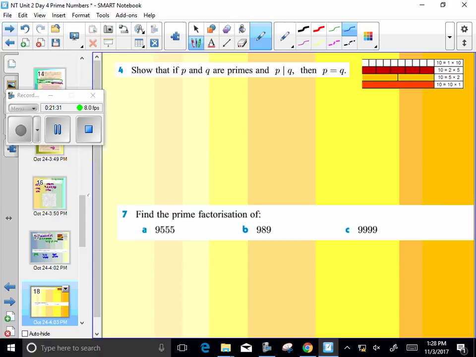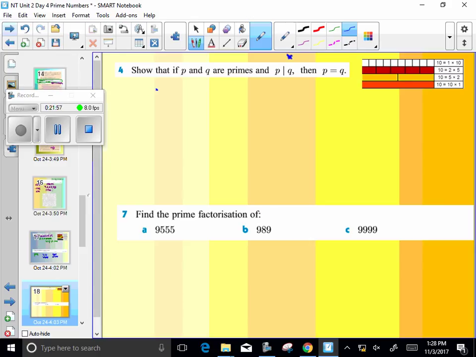Go to number 4. Be ready to be dazzled. Sometimes proofs are really pretty cool. If you look at this one, show that if P and Q are primes, and P divides Q, then P has to equal Q. And we're saying this for all numbers and all primes. So which is the larger, P or Q?